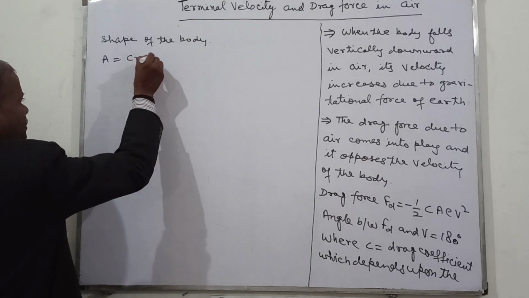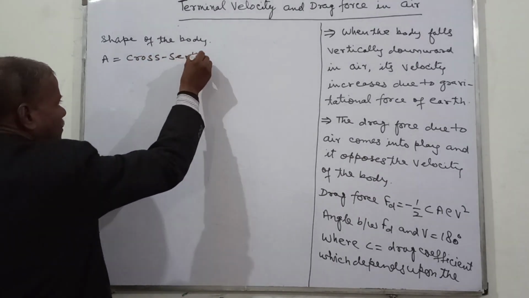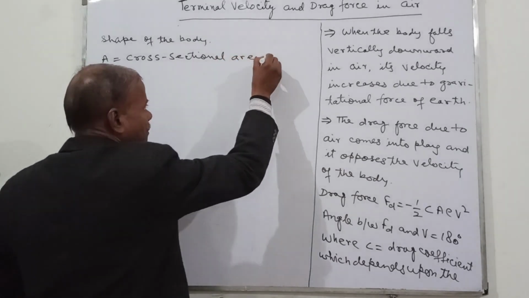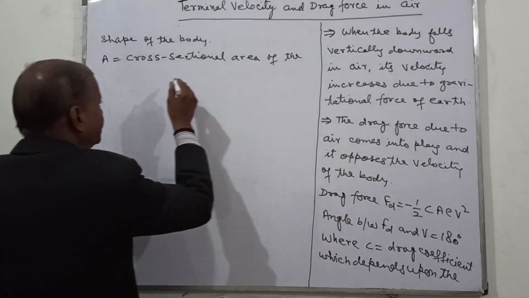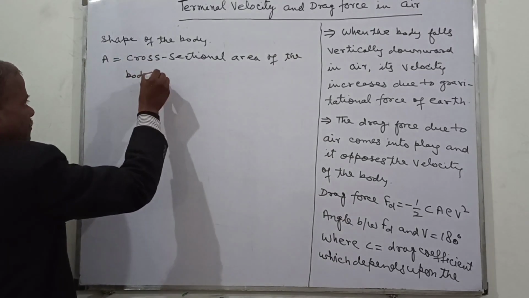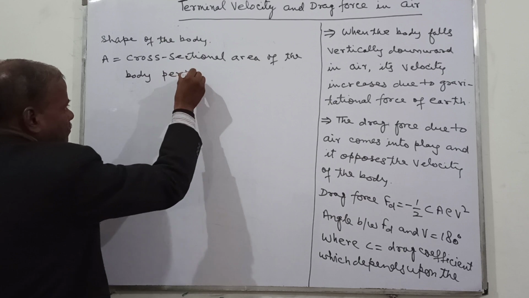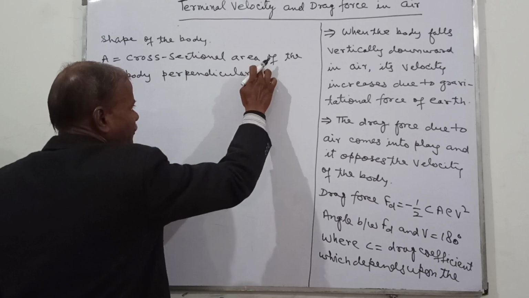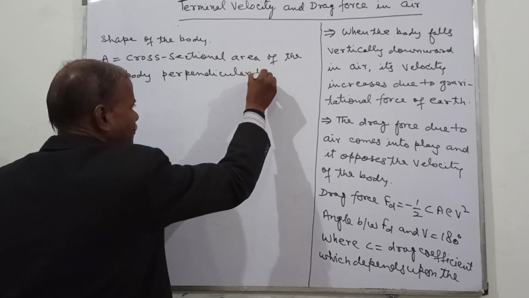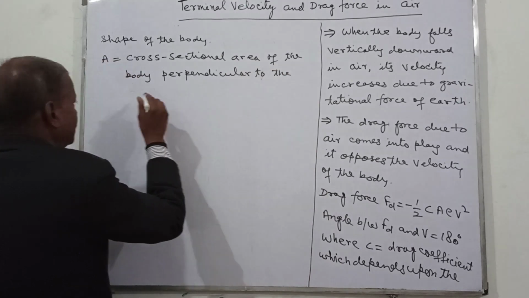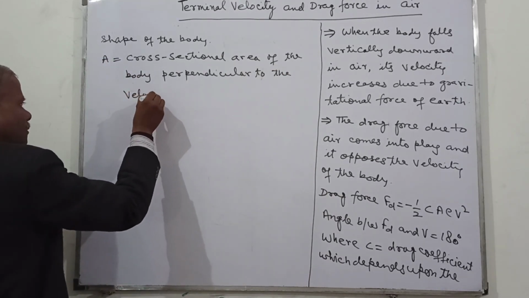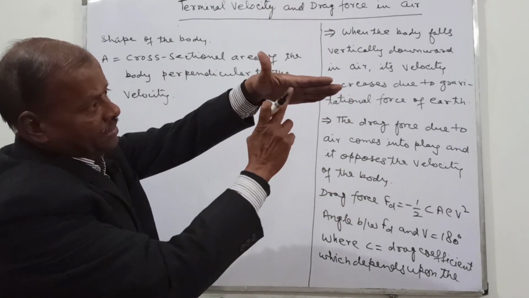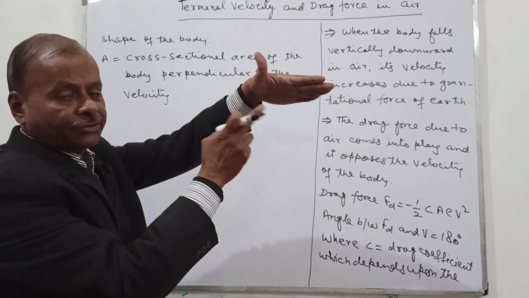And A is the cross-sectional area of the body perpendicular to the velocity. Suppose the object is falling like this, then this surface area will be the cross-sectional area.